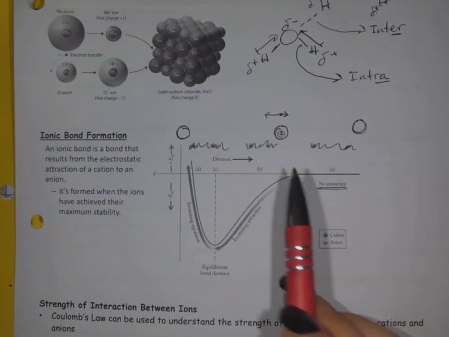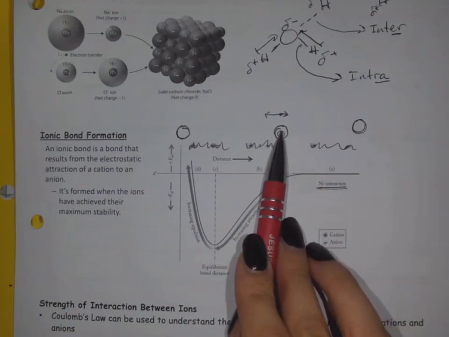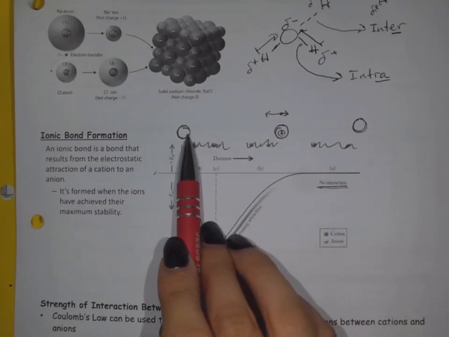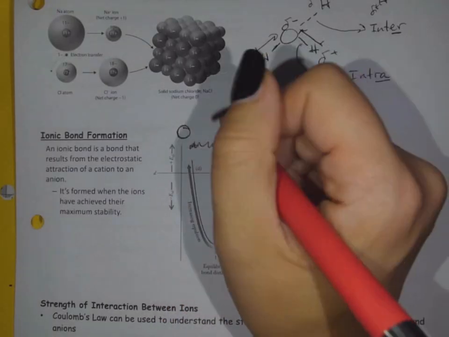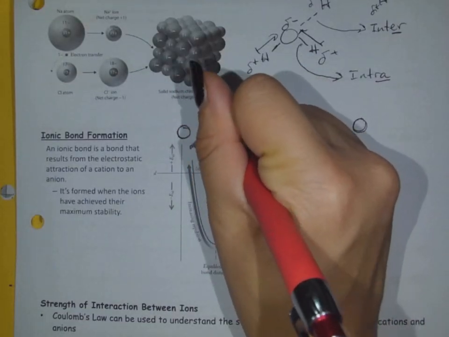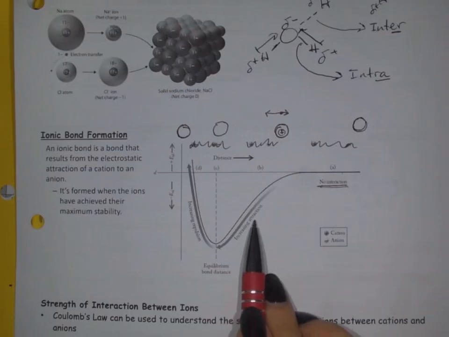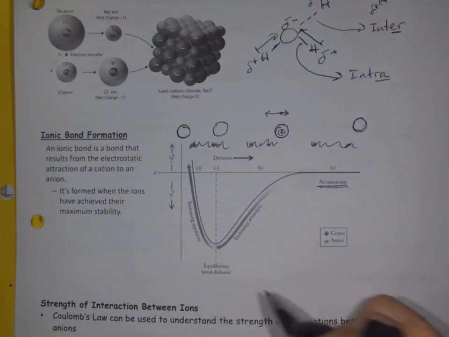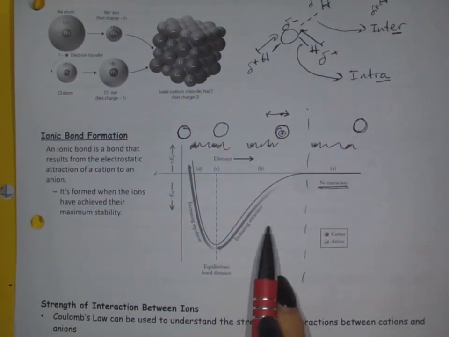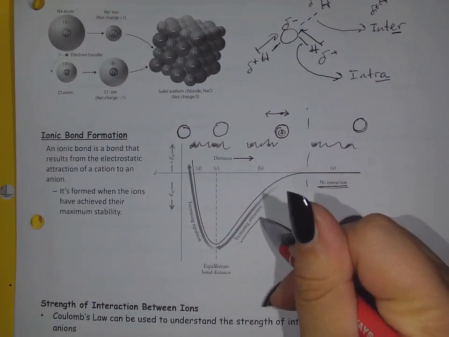So if I were to let go of this atom right here, then it would pull its way into the other one, except we're going to get to this point here. Now, see how it says increasing attraction? That's this portion of the graph. This is our increasing attraction portion of the graph.